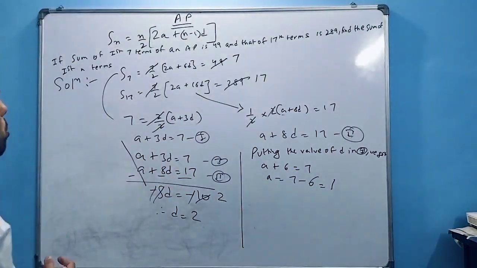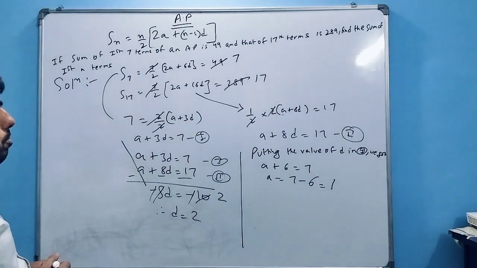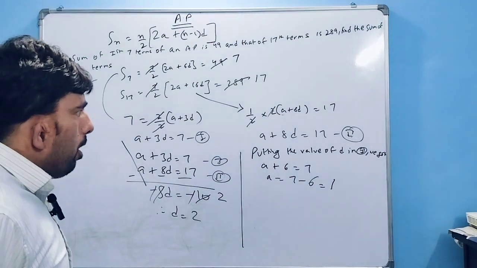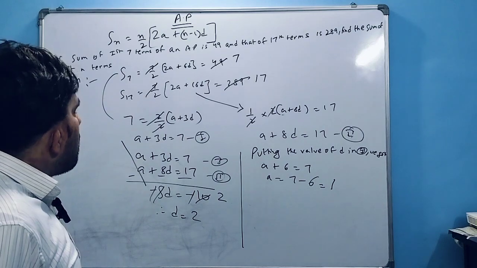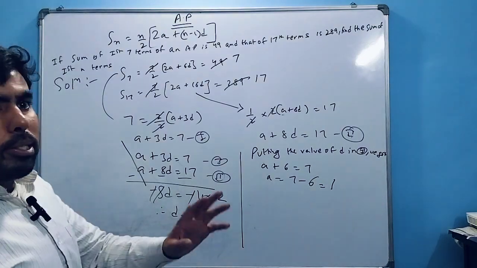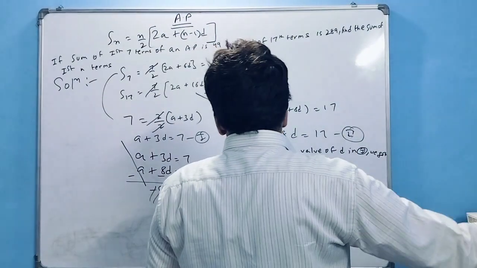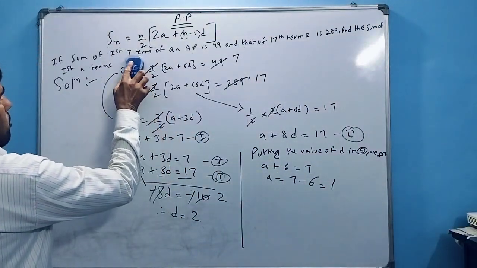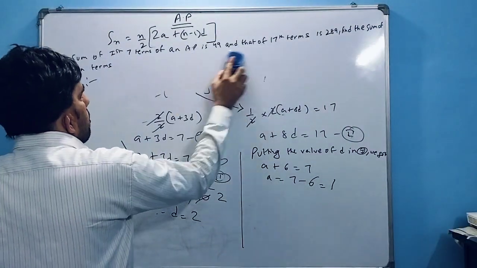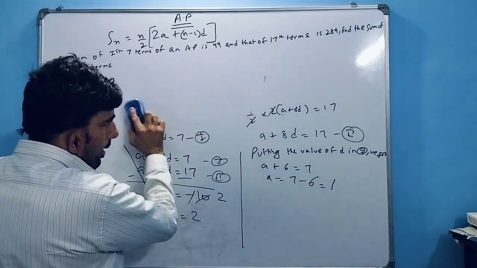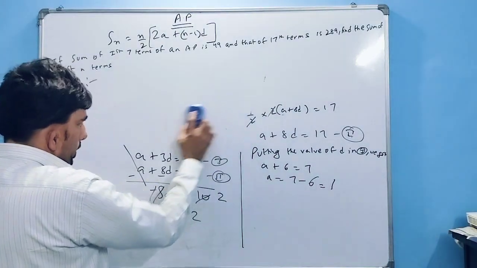We have a and d, but we need to find the sum of first n terms.